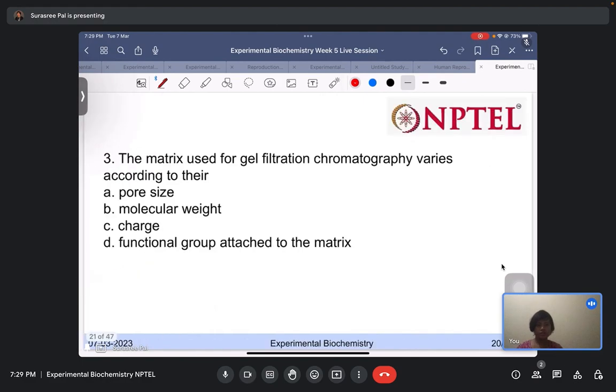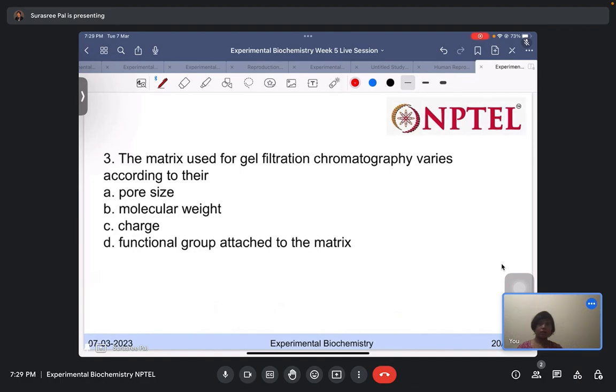Now next question. Matrix used for gel filtration varies according to their... So for gel filtration chromatography, the proteins will be separated according to their molecular weight. And how are they separated according to the molecular weight?